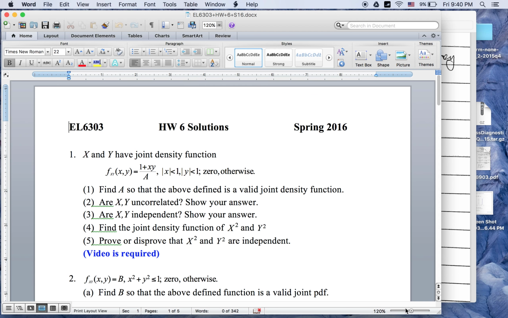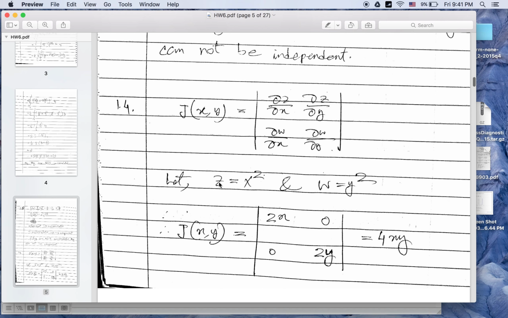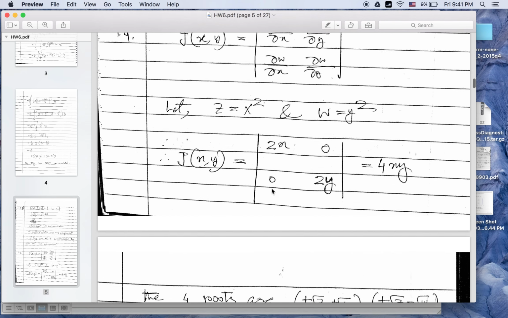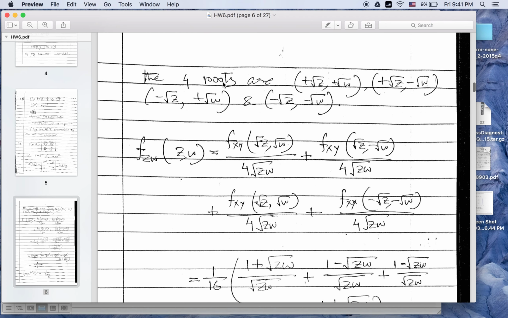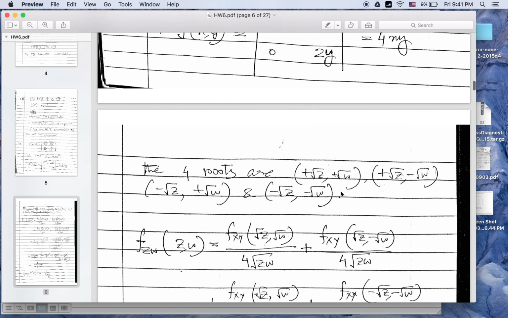Now, the fourth part was to find the joint density function of x square and y square. We take two auxiliary variables, z equals x square and w equals y square, and we find the Jacobian. It comes out to be 4 into xy, and there could be four roots for z and w.